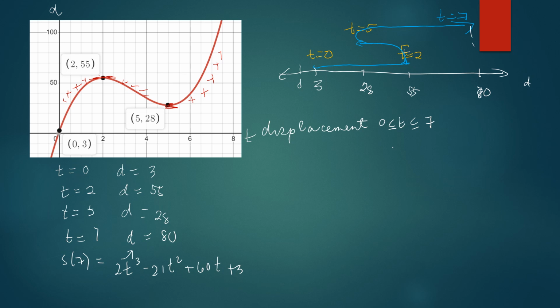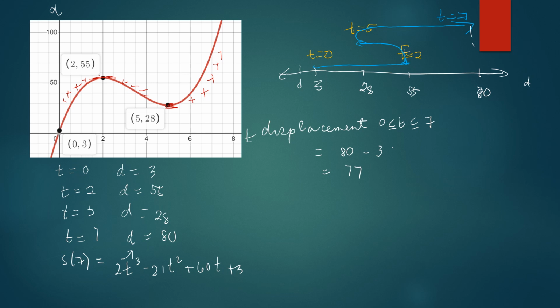The displacement from 0 to 7 is how far you are from where you started. So the solution for this one is 80 minus 3 equals 77, and then you affix the unit. I just forgot what unit was used.